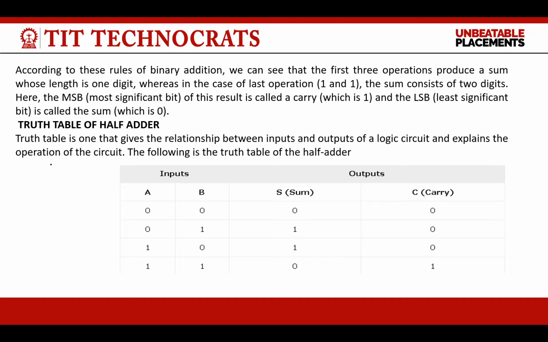Now after the working operation, we have to design the truth table of a half adder circuit. A truth table is one that gives the relationship between inputs and outputs of a logic circuit and explains the operation of the circuit. Following is the truth table of the half adder.